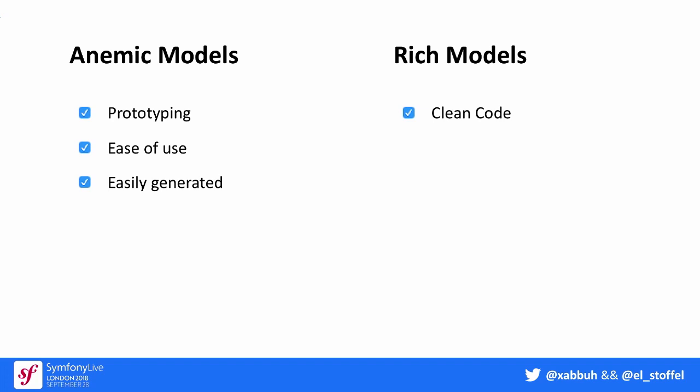Rich models are more clean code. The testability is, well, you can test setters and getters as well, of course, but there might be no sense in doing so. And it's truly OOP, object-oriented programming, because you try to limit all the concerns of that object in that object itself.